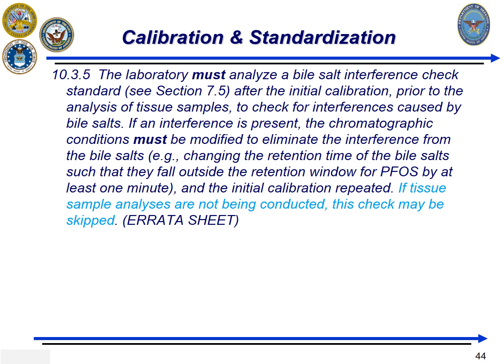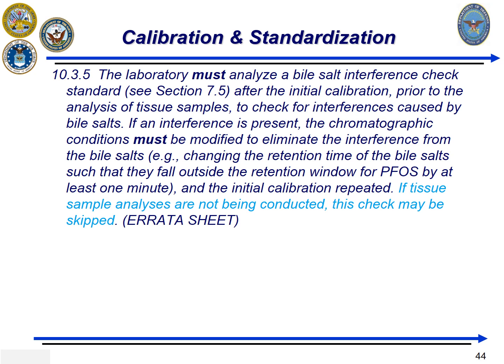If the interference is present, the chromatograph conditions must be modified to eliminate the interference from the bile salts, such that they fall outside the retention time window of PFAS by at least 1 minute. And the initial calibration would have to be repeated. It states that if tissue sample analyses are not being conducted, this check may be skipped.